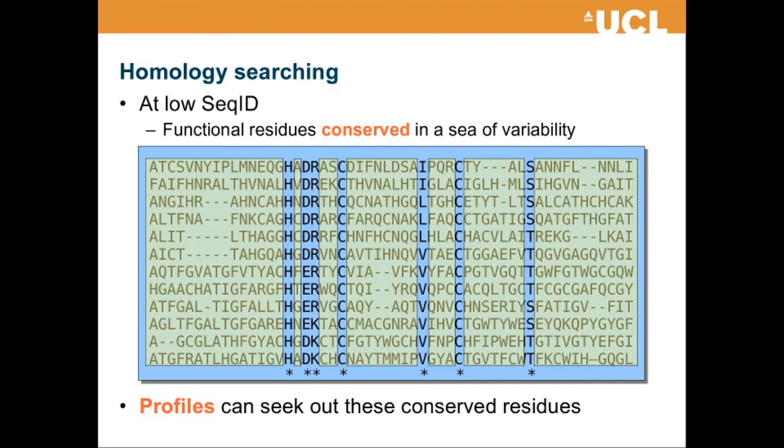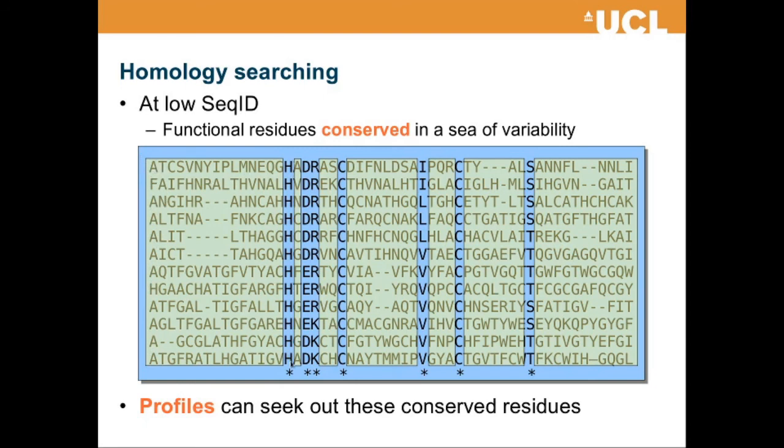And what a profile does is to take the 20 by 20 scoring matrix and convert it into an n by 20 scoring matrix. So basically it's saying we don't particularly care what amino acid is at this position, or this one, and so on.